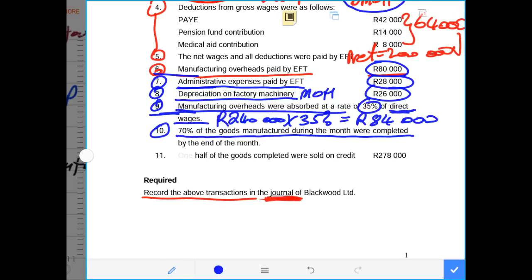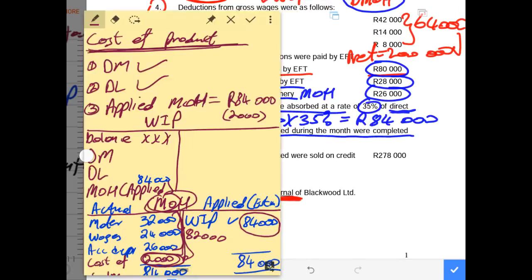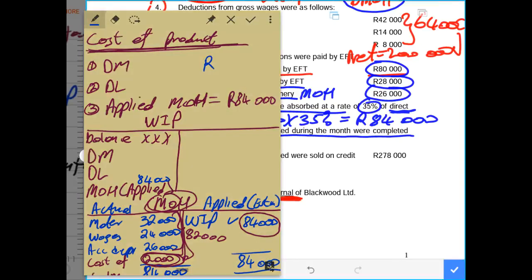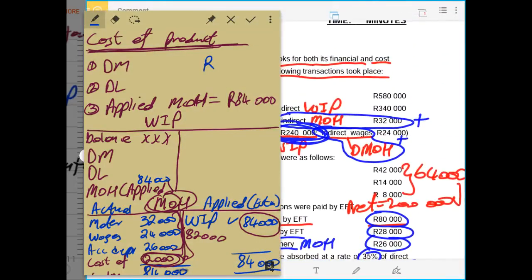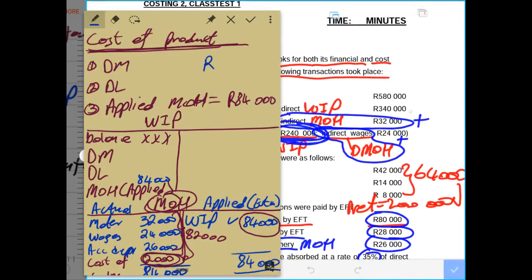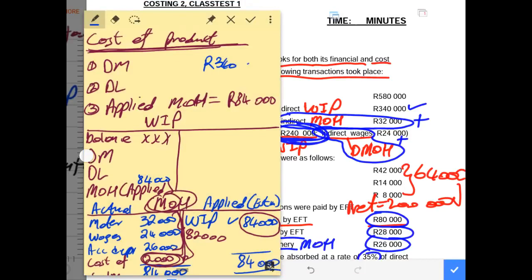Remember, once again, the cost of production is made of material, is made of labor, is made of applied manufacturing overheads. And we know that our direct material that was issued into production, let us go and check that. Direct material that went to production amounted to 340,000 rands. This is the cost of production in terms of material.